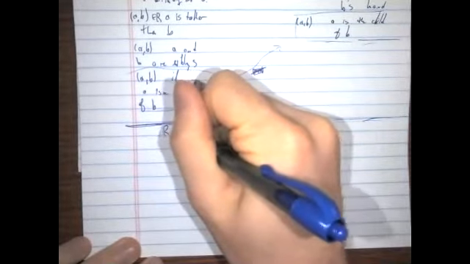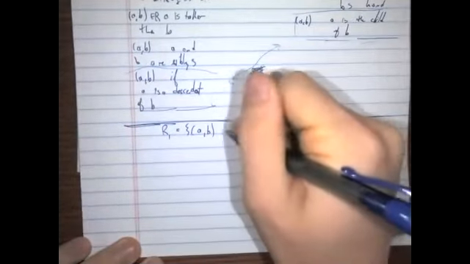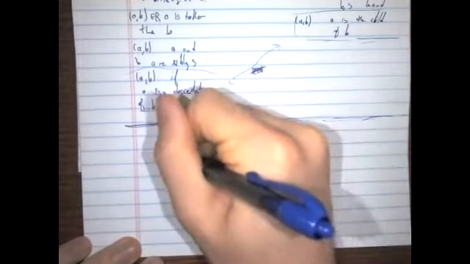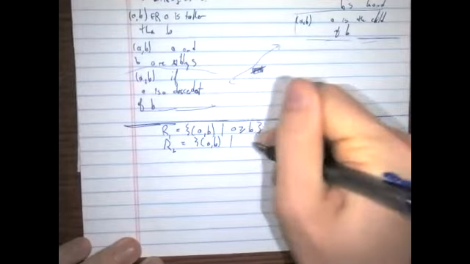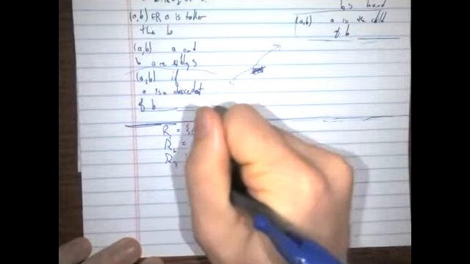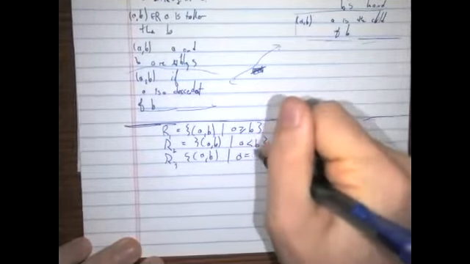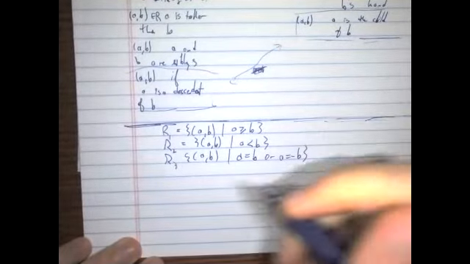Let R1 be, similar to last time, a subset of the reals cross the reals such that A is greater than or equal to B. That's a relation. R2 is the set of all (A, B) such that A is less than B. R3 is the set of all (A, B) such that A is equal to B or A is equal to negative B. These are kind of familiar.